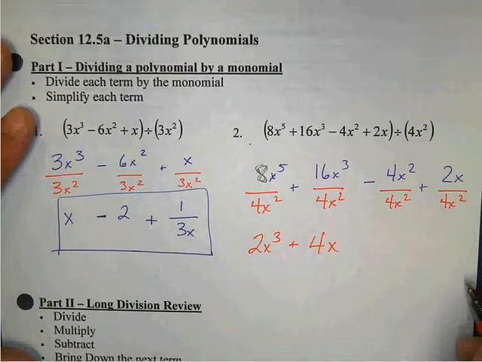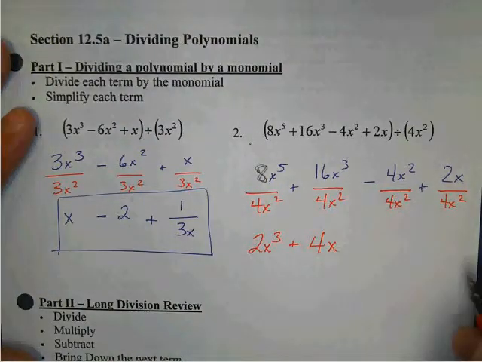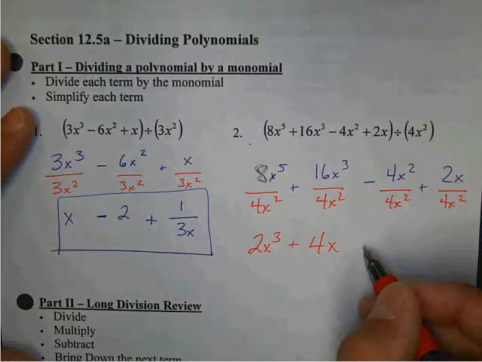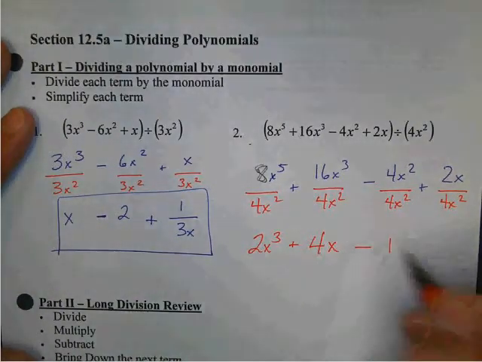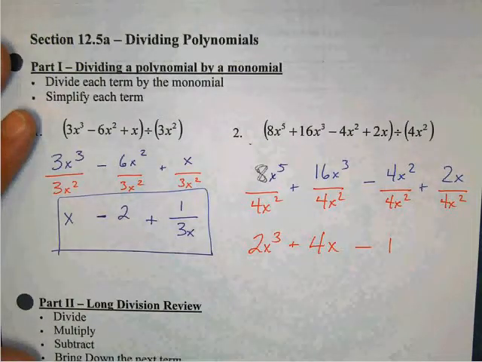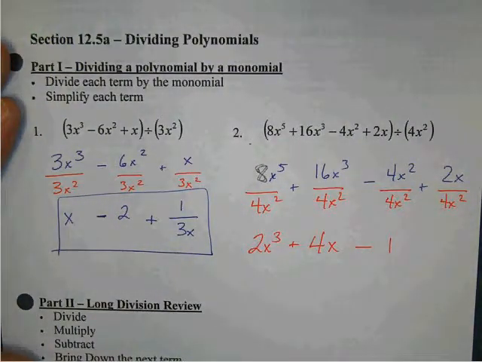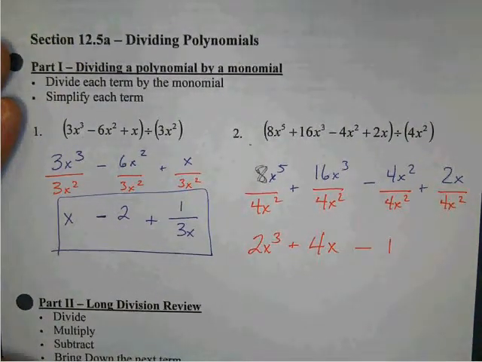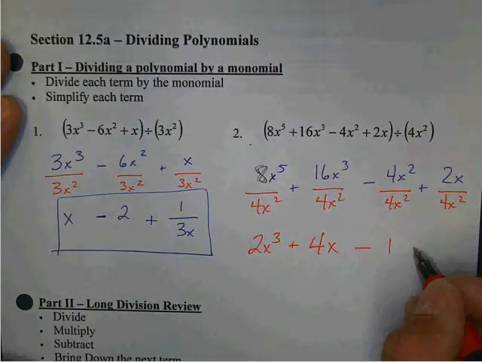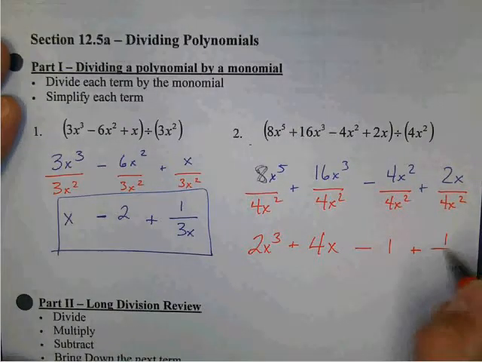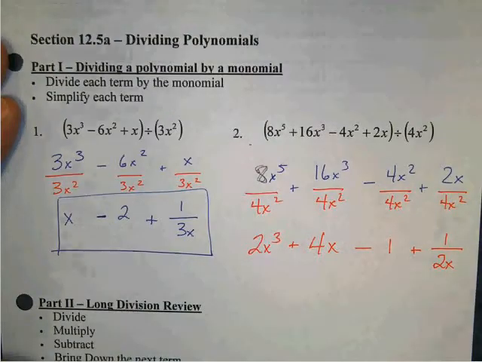Third one. Josh? Minus 1. Fourth one. 1 over 2x. Okay, because the 2 and the 4 cancel, and the x goes on the bottom.